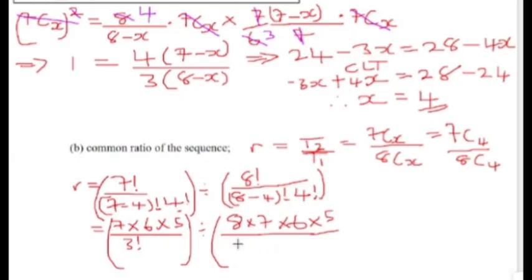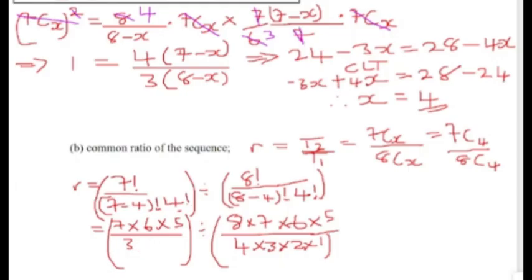So 4 factorial is the same thing as 4 times 3 times 2 times 1. For the sake of our space here, I can replace 4 factorial by its true meaning. The same thing is obtainable here.